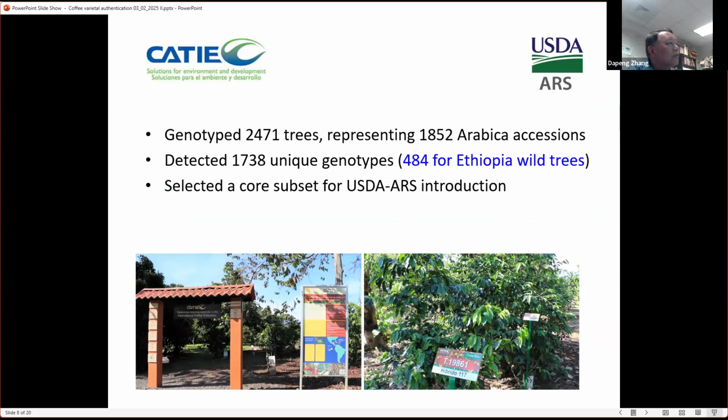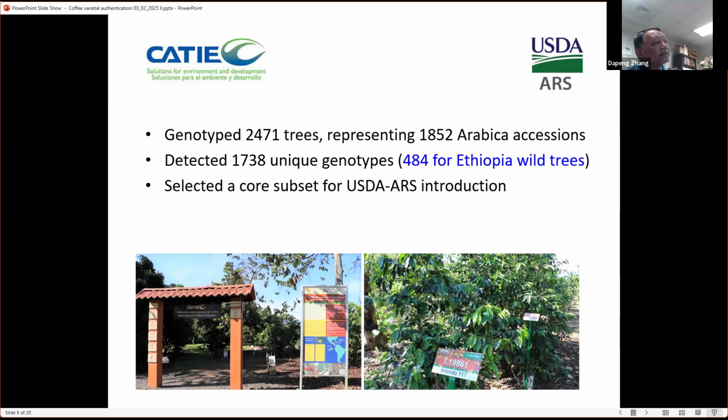And so we removed the duplicates and the redundancy, and there's about 1,700 unique genotypes, out of which 484 represent the whole Ethiopia wild population.